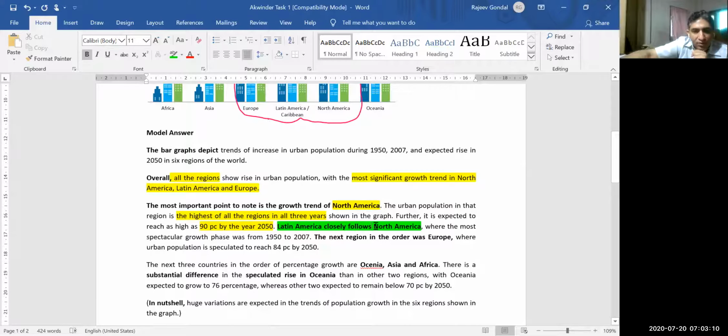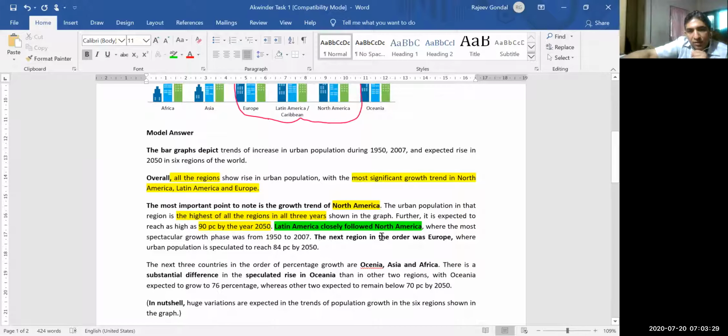It's your choice. Follows is also fine, but then in order to maintain consistency of tense, you can say followed, because we are talking about the past tense here. Latin America closely followed North America, where the most spectacular growth was this phase. So followed would look better because we are talking about something which has happened in the past.